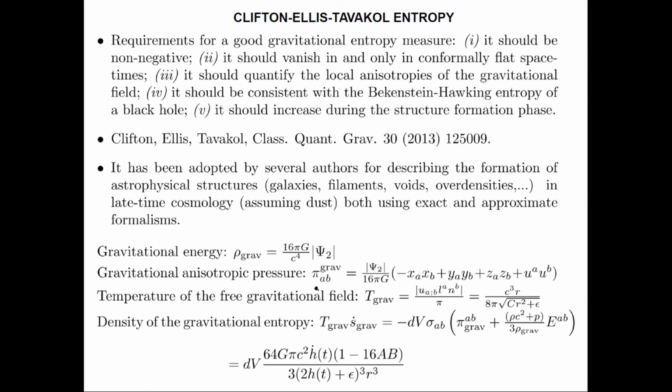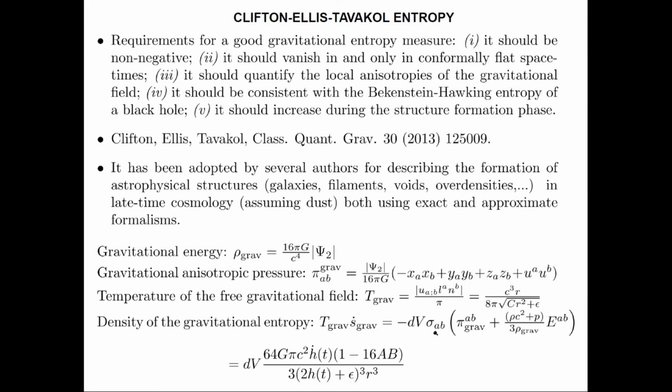So this formalism is based on the null frame that we use in the Newman-Penrose formalism. We compute, and also here we see that the density of the gravitational entropy depends on the shear tensor, on the energy density and pressure of a cosmic fluid, and on the electric Weyl tensor.